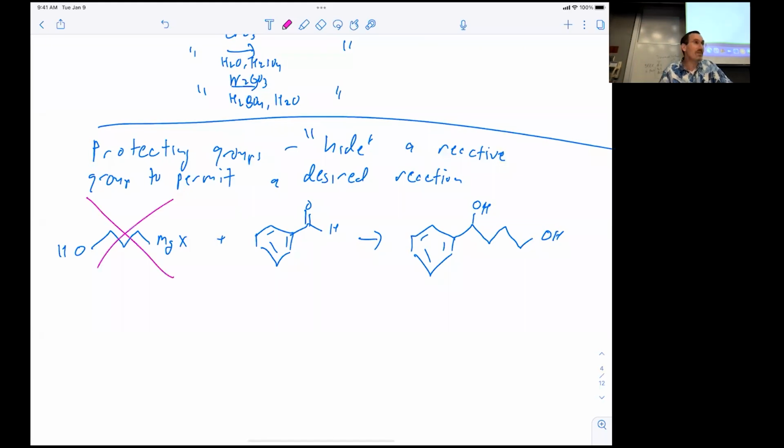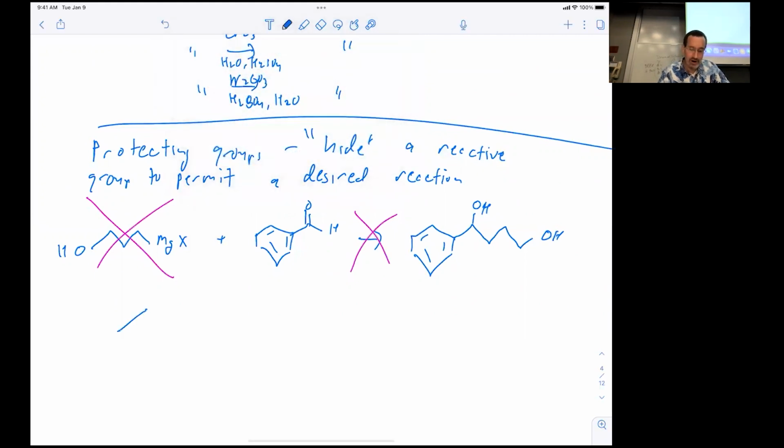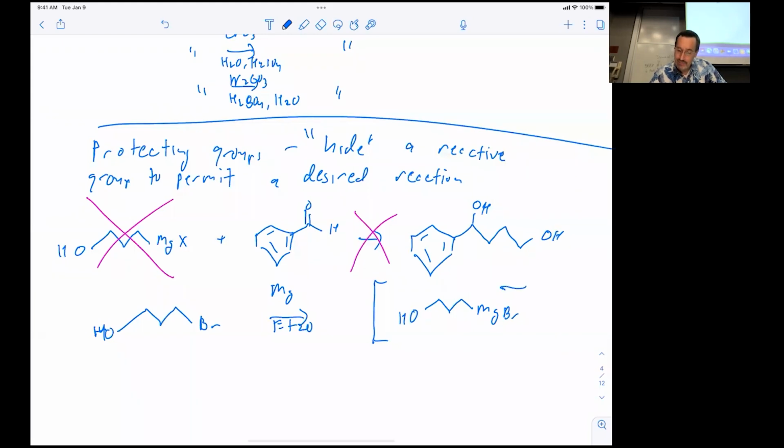It's not going to be stable, and so I'm not going to be able to do this reaction. In other words, if I tried to generate that Grignard reagent by taking the corresponding bromoalcohol and treating it with magnesium in ether, sure, I might transiently generate the desired Grignard reagent, but immediately it would go ahead and annihilate itself.